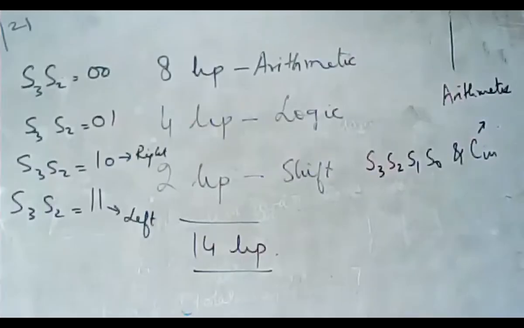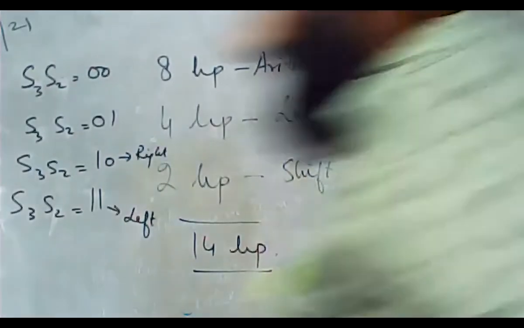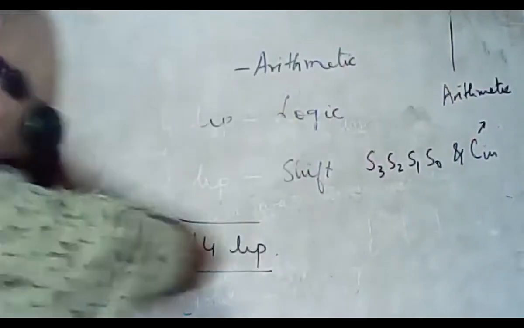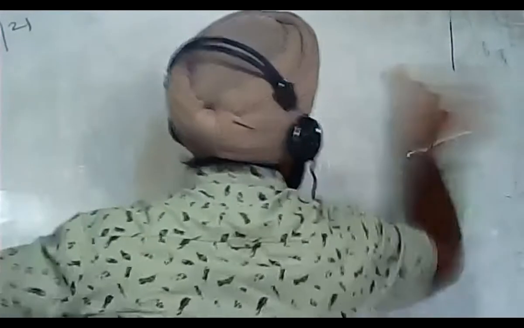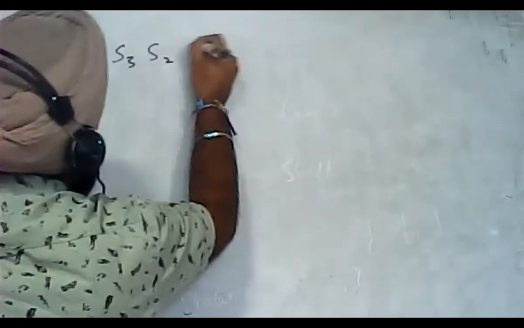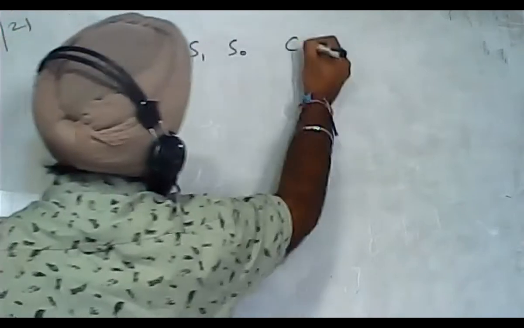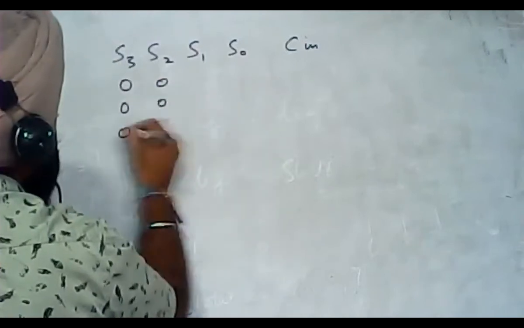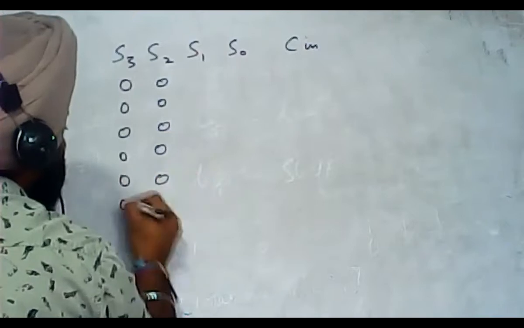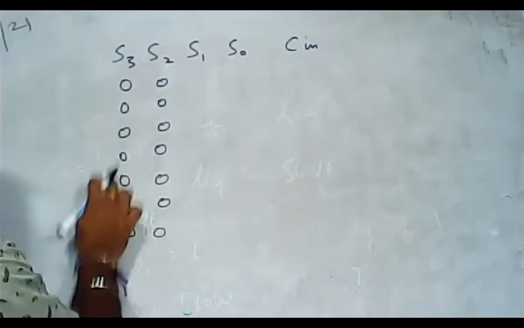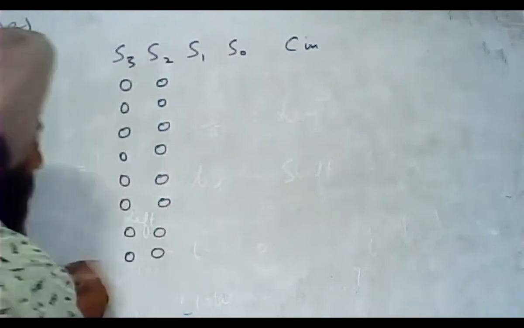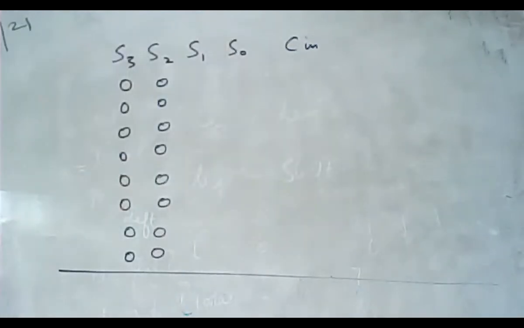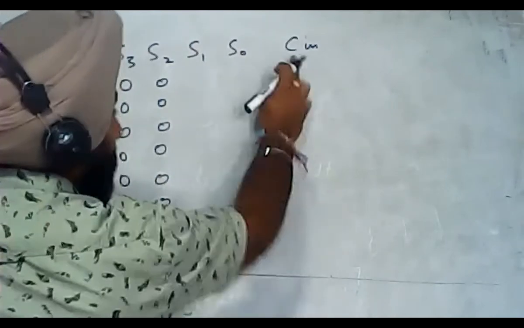So let me show you on the board how these 14 operations will be implemented. First of all, we have S3, S2, S1, S0, and Cin, right? For the 8 arithmetic operations, S3 and S2 are 0, 0, so you have to put 0, 0 eight times. For arithmetic, you will have Cin.